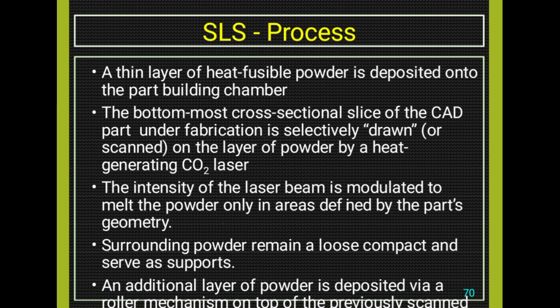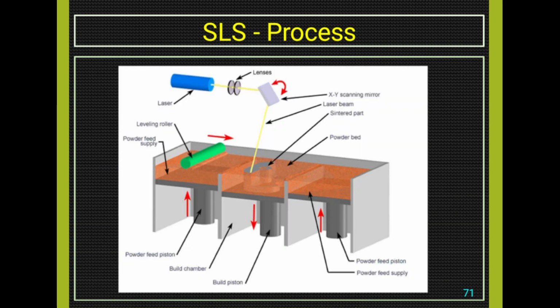The intensity of the laser beam is modulated to melt the powder only in areas defined by the part's geometry. Surrounding powder remain a loose compact and serve as support. An additional layer of powder is deposited through the roller mechanism. This diagram shows the 3D view of the SLS process mechanism.